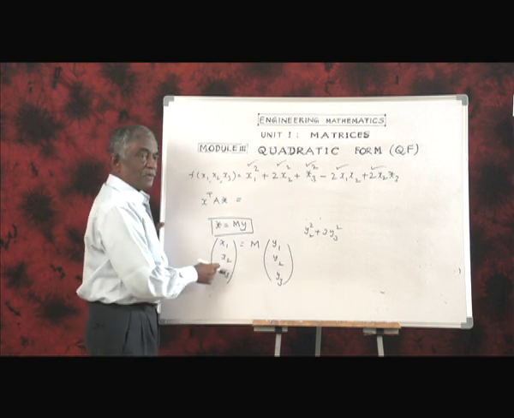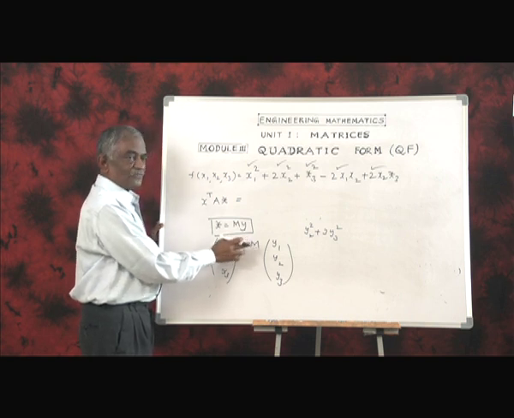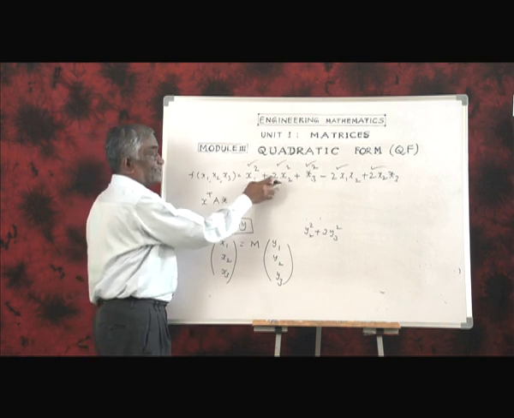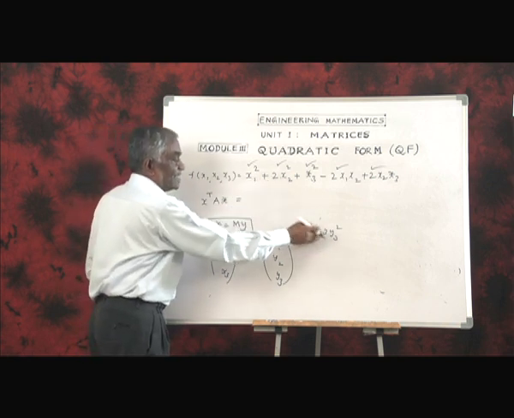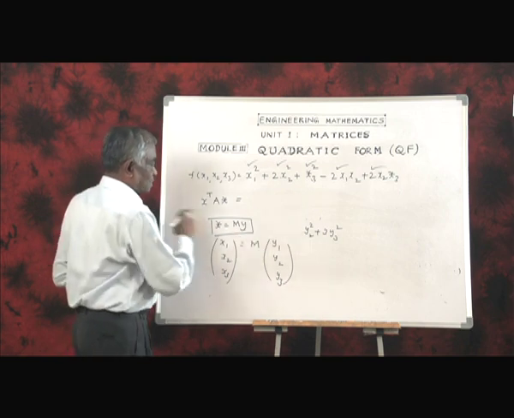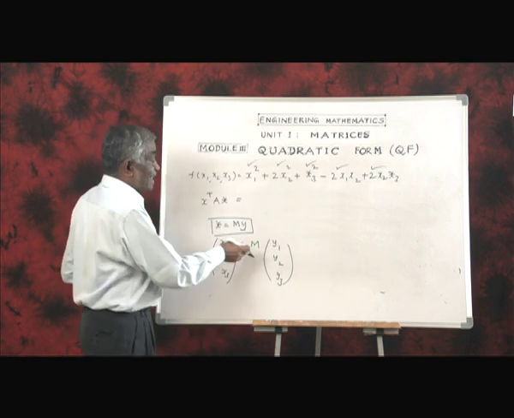So the problem is how to find this M. I will explain systematically how to find M, so that you will understand the relationship between the given quadratic form and the canonical form y2 square plus 3y3 square. For that, we have to find the eigenvectors.